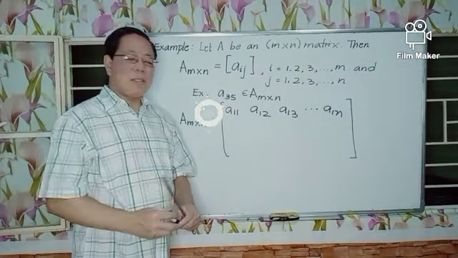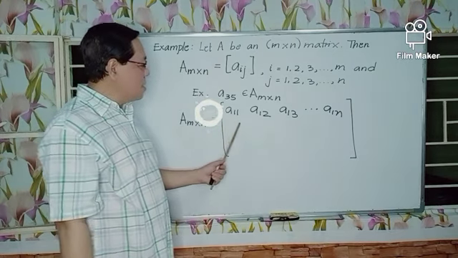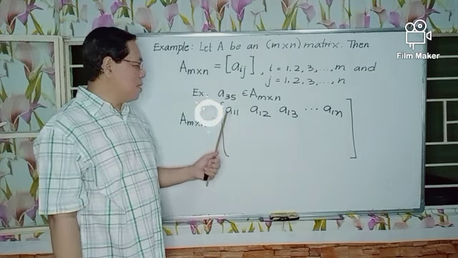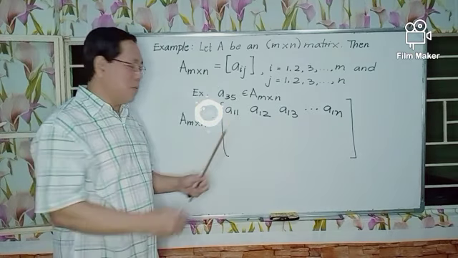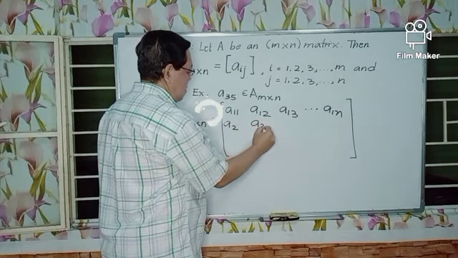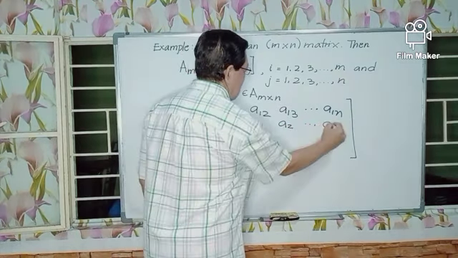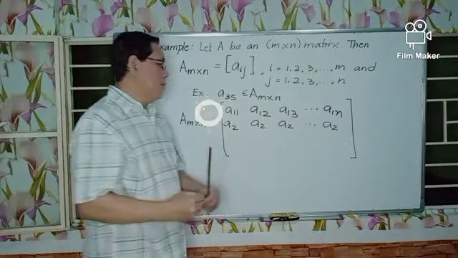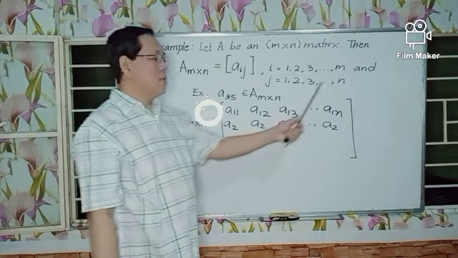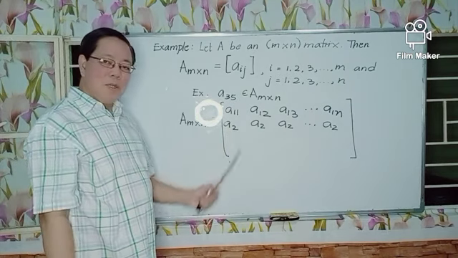We write the entries in the second row of matrix A. All the entries in the second row of matrix A are denoted by A with the same first subscript 2, but their second subscript will vary from 1 to n, because this is the entry in the second row, first column.